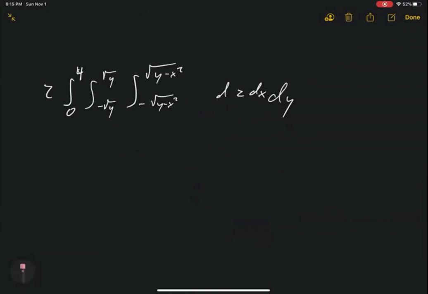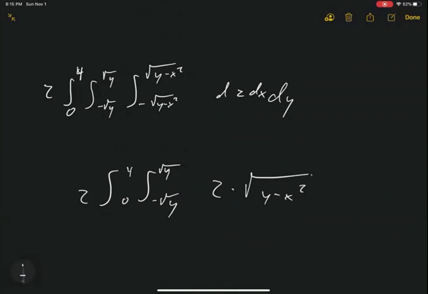Integrating in terms of z first, well, there are no z's, I just have the number 1 there. So I integrate in terms of z, and what do I get? I get 2 times square root of y minus x squared. You can integrate this on your own to see why that's true.